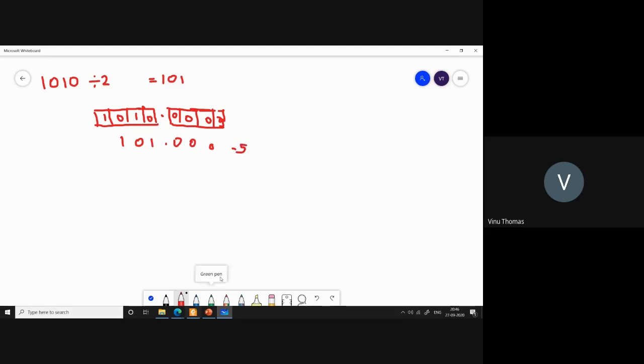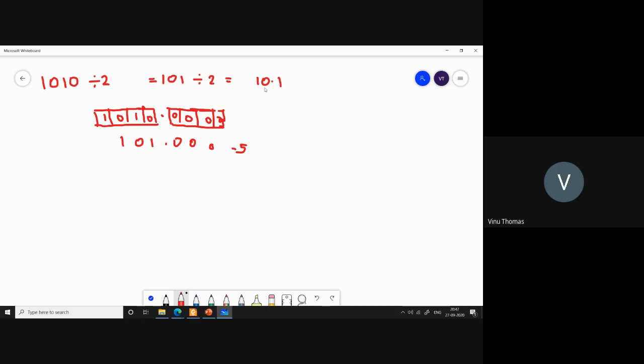Now, if this had to be divided by 4, how will you divide this by 4? Shift this by 2 bits to the right. So if I divide 101 by 2, 101 divided by 2 is actually equal to 10.1, right?